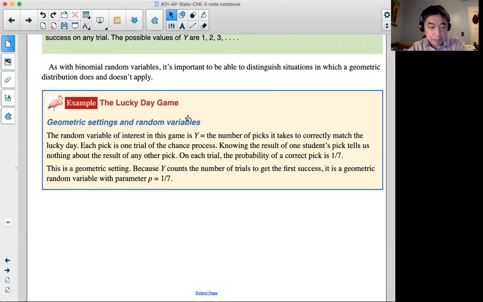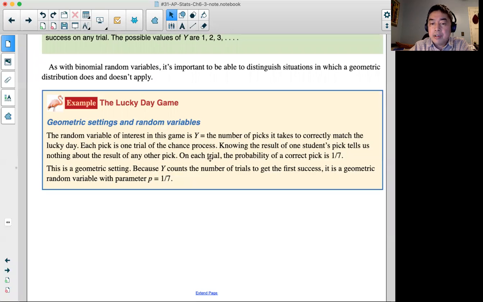The random variable of interest in this game is Y equal to the number of picks it takes to correctly match the lucky day. Each pick is one trial of a chance process, knowing that the result of one student's pick tells us nothing about the result of any other pick.